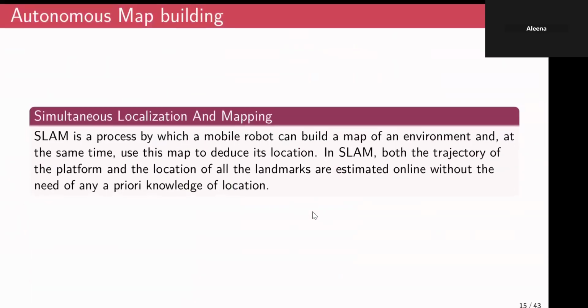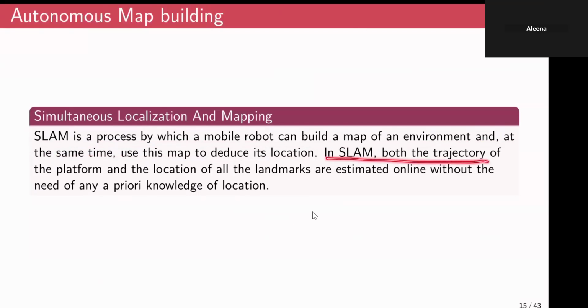And then finally, we also discussed a topic called SLAM, simultaneous localization and mapping. Like I was saying, SLAM is a process by which a mobile robot can build a map of an environment and at the same time use this map to deduce its location. Earlier, in all our cases, we considered the map to be preloaded into the robot. But in SLAM, it creates its map simultaneously while localizing itself.